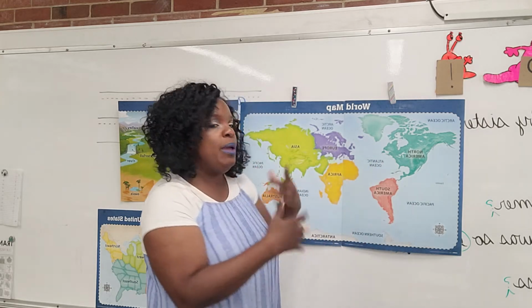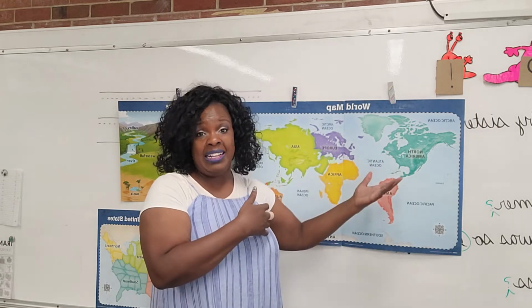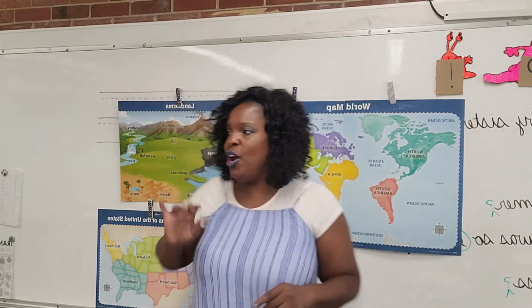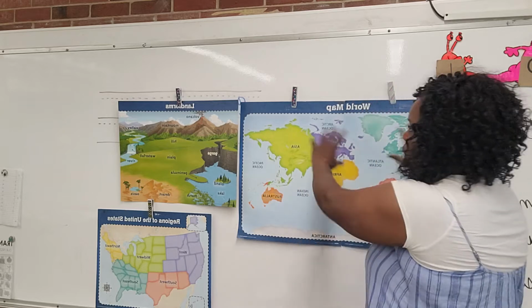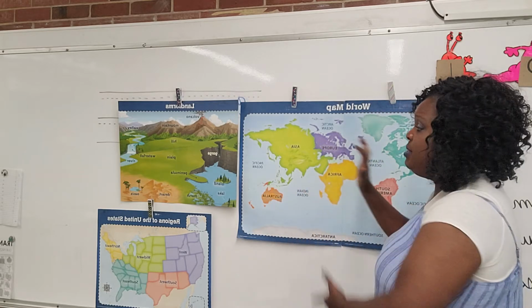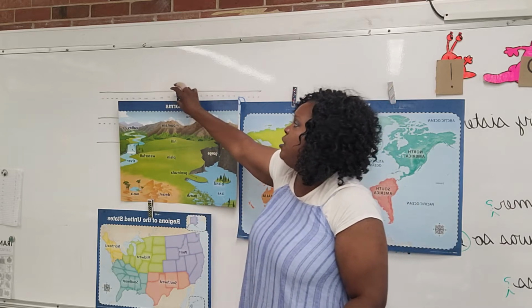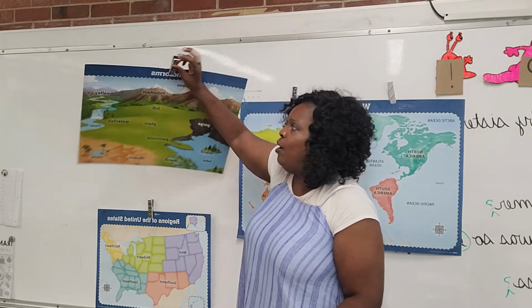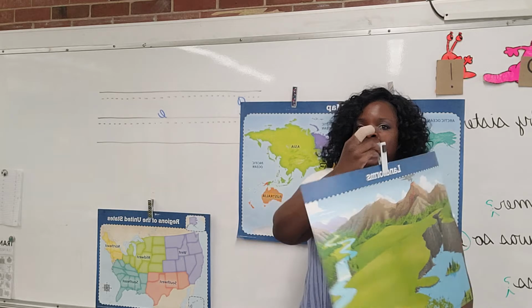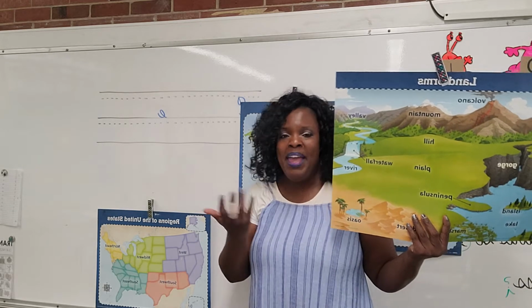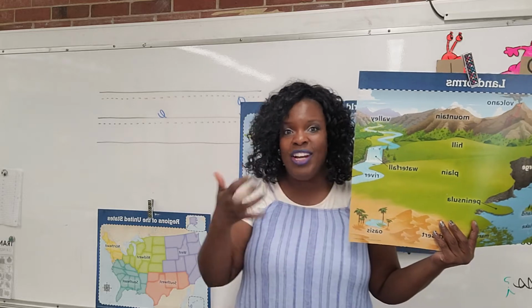So in class, obviously, we're going to look at these because they're nice and big and huge and you can see them. But when you're home and you don't have access to these, they're in the back of your history book. So not only are we going to learn and know our continents, our oceans, our regions of the United States, but there's also our amazing world that God made, and He didn't make it just plain. Just like we talked about with us, He didn't make us plain. He didn't make us all look the same.